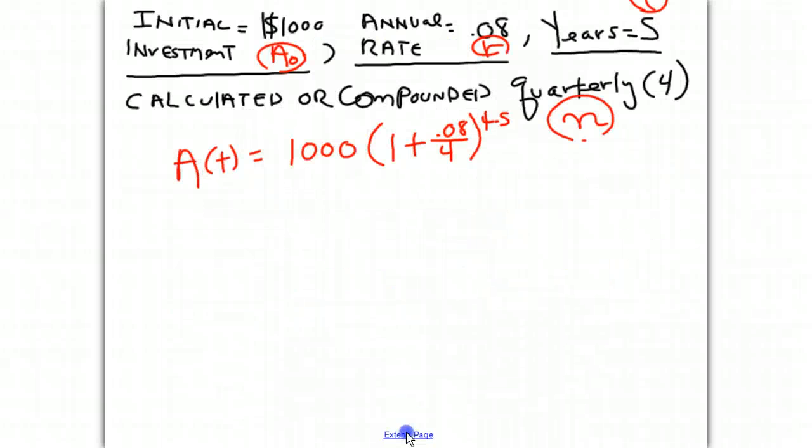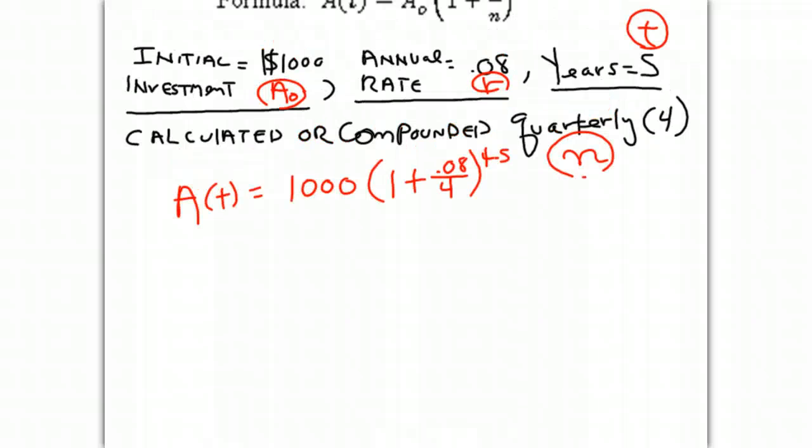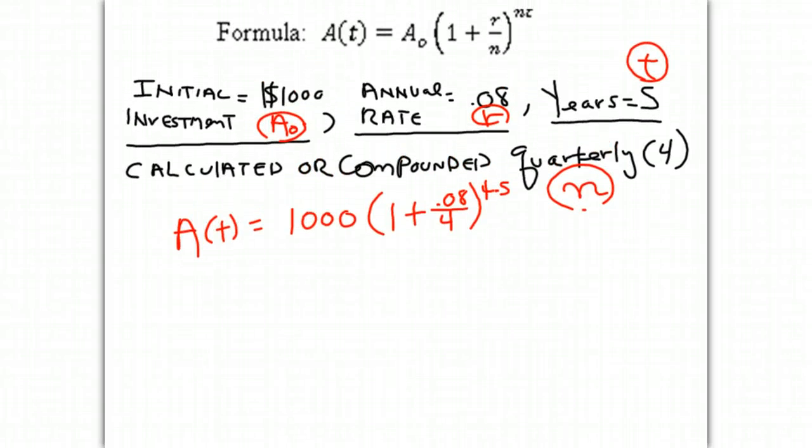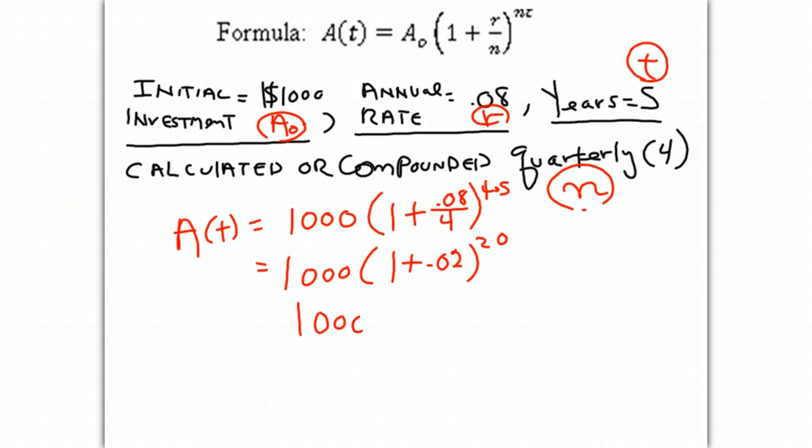Okay, hopefully you're ready. Let's move this up. Now that we have our formula, let's see what we can do. One way of simplifying it, just a little bit, is 1,000 times 1 plus, now 0.08 divided by 4 is 0.02. 4 times 5 is 20. And you can make this even a little simpler, because on your calculator, you're going to want to write it like this. 1,000 and 1 plus 0.02 is really 1.02 to the 20th power.